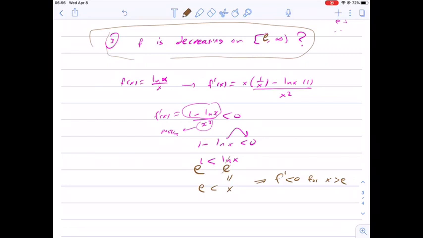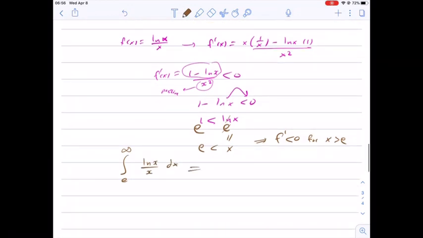Okay, now we apply the integral. So the integral is from e to infinity, the improper integral of the function natural log x over x dx. We need to find this integral. This is improper because of the infinity on the limit of the integral.